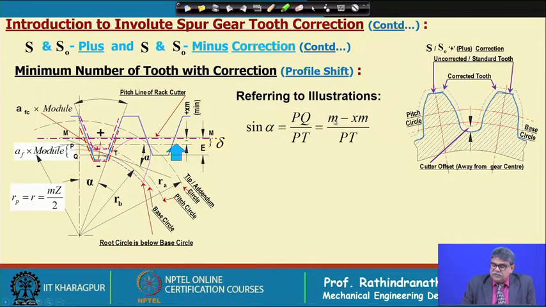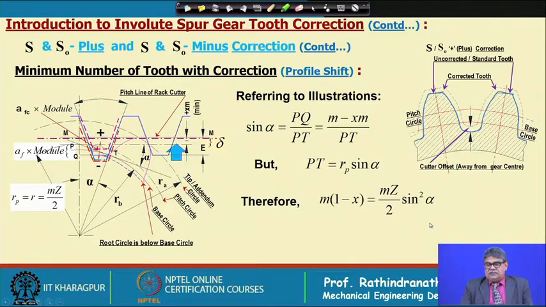can be defined by module minus x m, because for the standard rack the addendum height should be one module, and that divided by PT. But again PT must be equal to Rp sin alpha, whereas Rp is the pitch circle radius of the standard gear being cut.